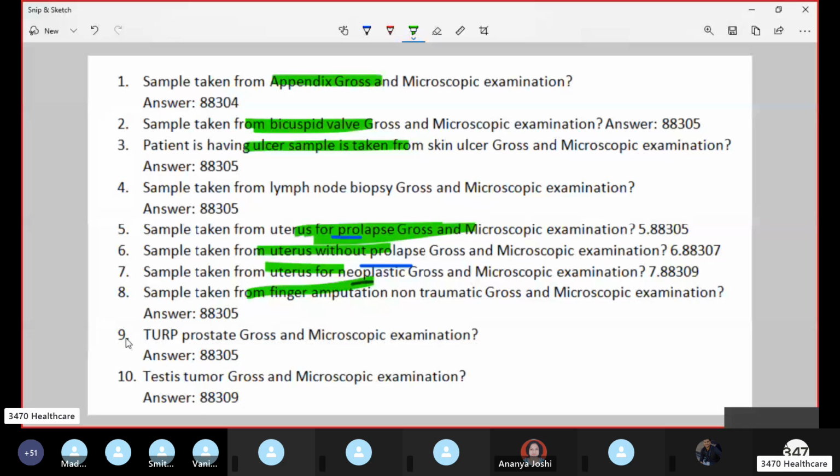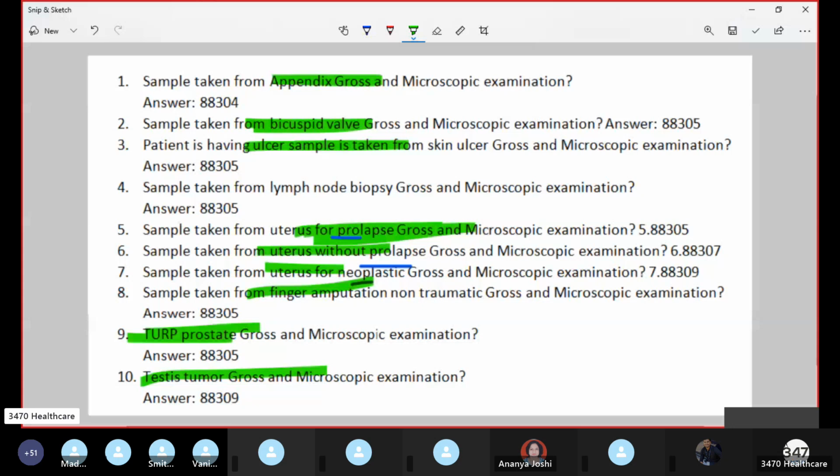Finger amputation, testis TRP, and testis tumor. From this 10, you will get one question. Okay, everyone clear?